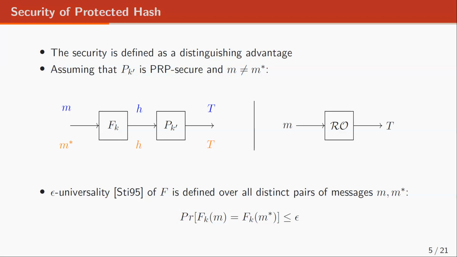So if we have the same digest, and these functions Fk in this scenario are usually built in such a way that finding a collision reveals information on the key. Then the epsilon universality just bounds the probability of having a collision.